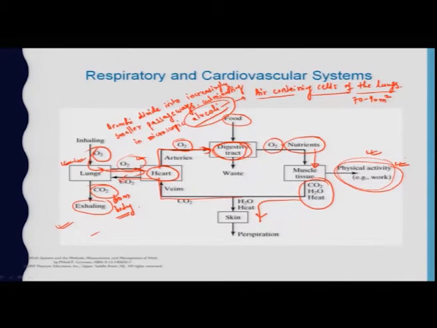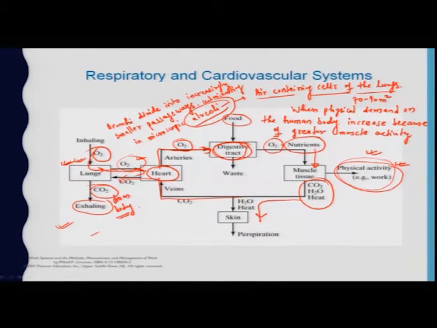When physical demand on the human body increases because of the greater muscle activity, the respiratory system and cardiovascular system must work harder.